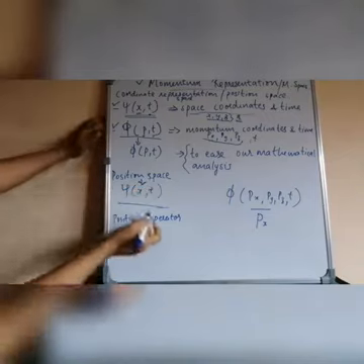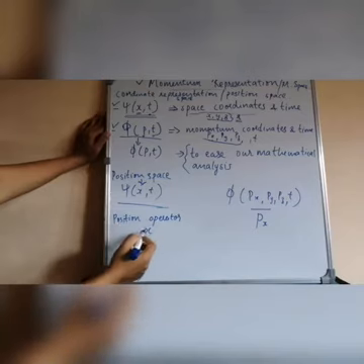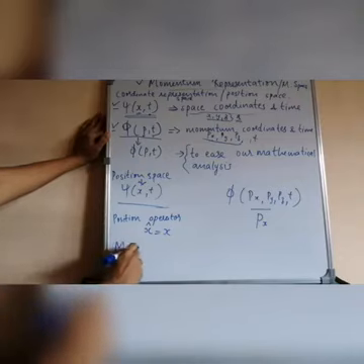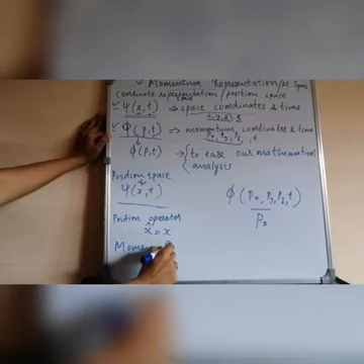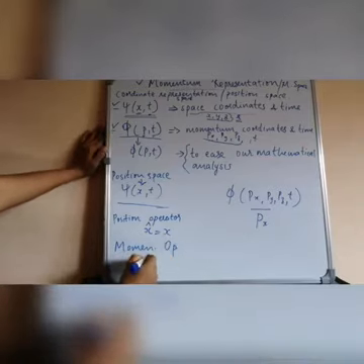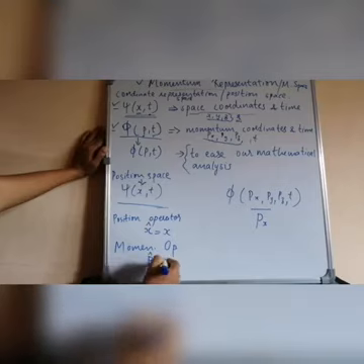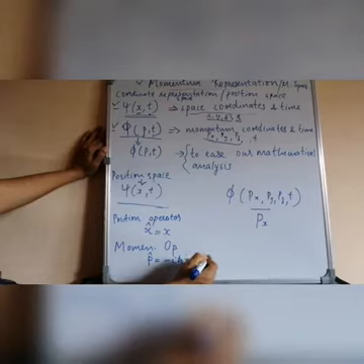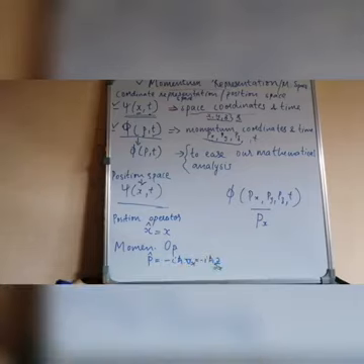Okay, so we have the position operator represented as x, and the momentum operator is represented as p cap, that is minus i h cut dou by dou x, because it is 1 dimension.